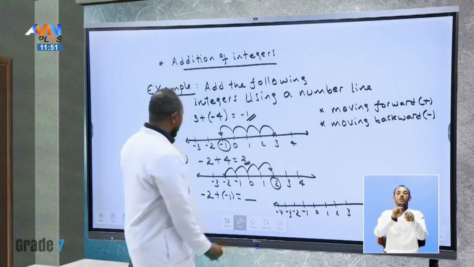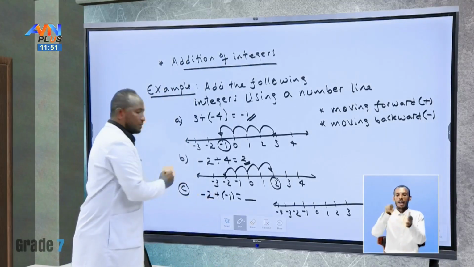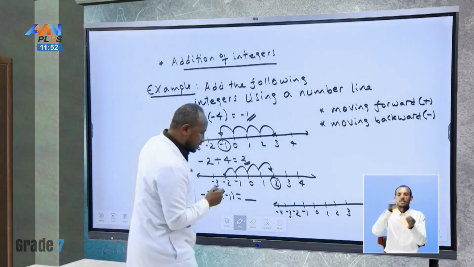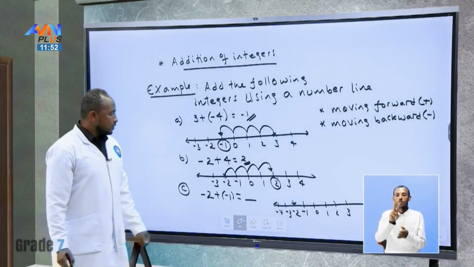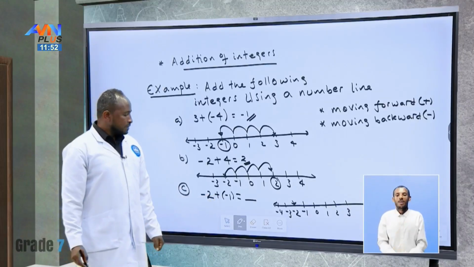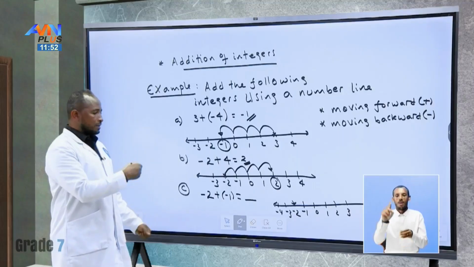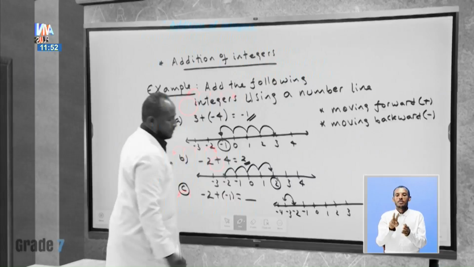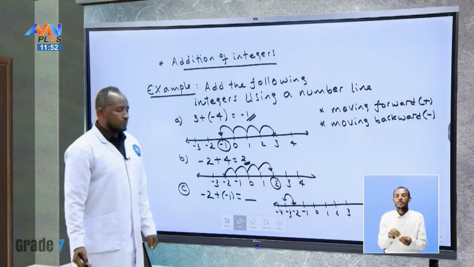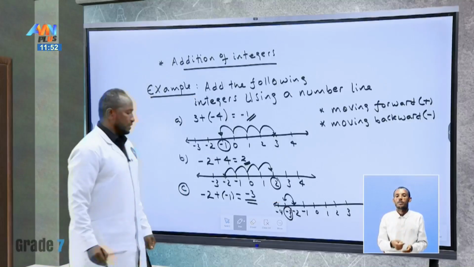So here we are asked to add -1 on -2. Where is -2? -2 is here. On -2, you add -1. This means you move backward 1 unit, 1 step back. Therefore, from -2, 1 back, you get here. Therefore, the answer will be -3.